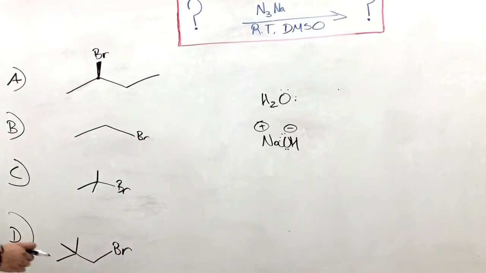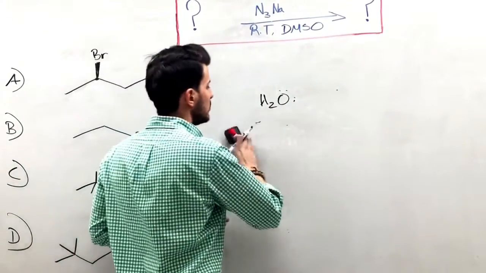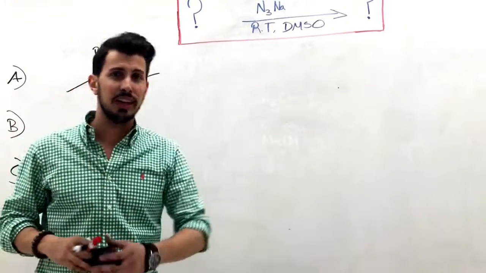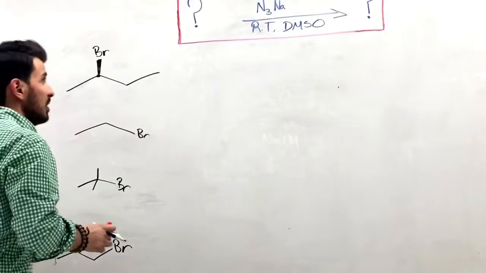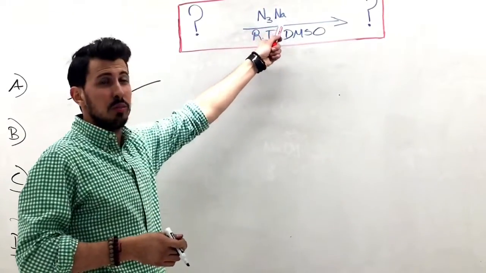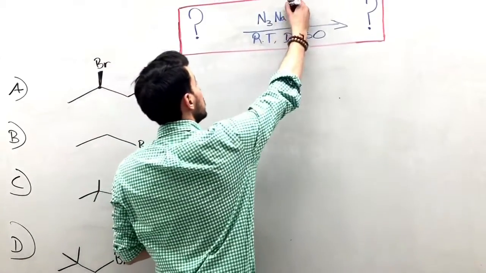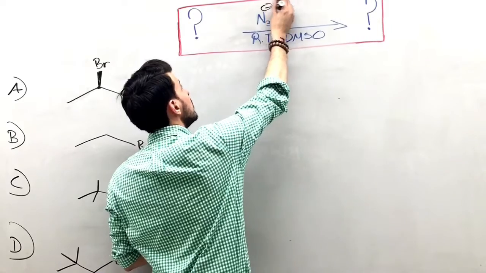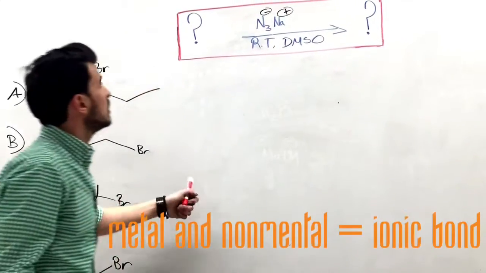So even if you've never seen sodium azide before, which is what this N3Na compound looks like, you should know that this is going to have a plus, which means this N3, the azide, will have the minus charge.